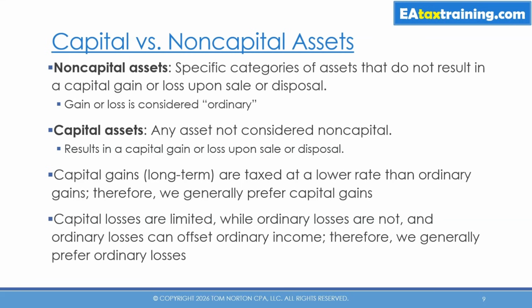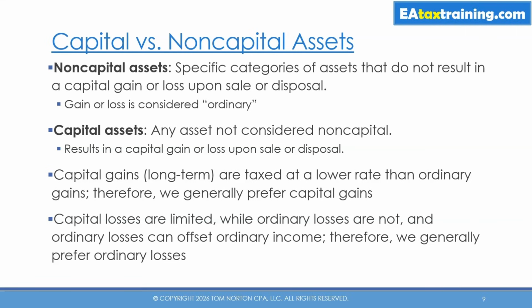Why is that important? Because capital gains, or specifically something called long-term capital gains, are taxed at a lower tax rate than ordinary gains. So we've got these special capital gains tax rates that we'll talk about in this video that are lower than ordinary tax rates.